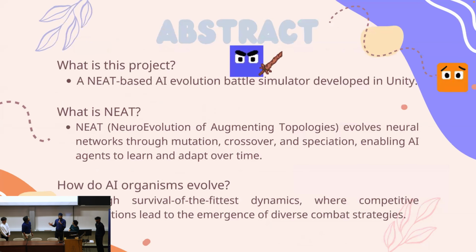What is NEAT? NEAT is a technology that was developed at UT Texas, which uses genetic algorithms to change the structure of neural networks, instead of traditional neural networks with a fixed set of neurons. You use crossover, speciation and mutation to learn and adapt those agents over time. There's a bunch of genomes, and each of those genomes is divided into different species.